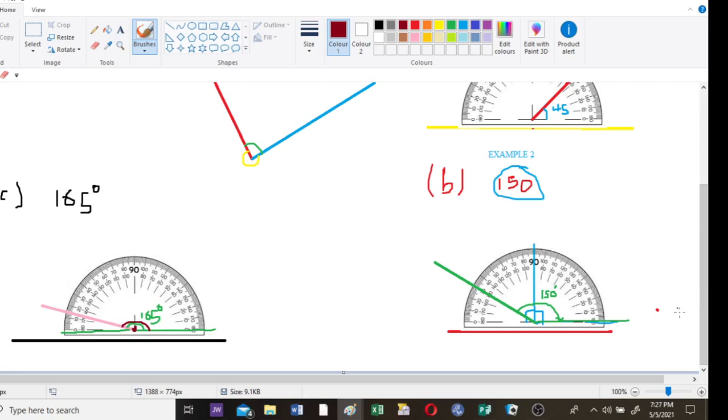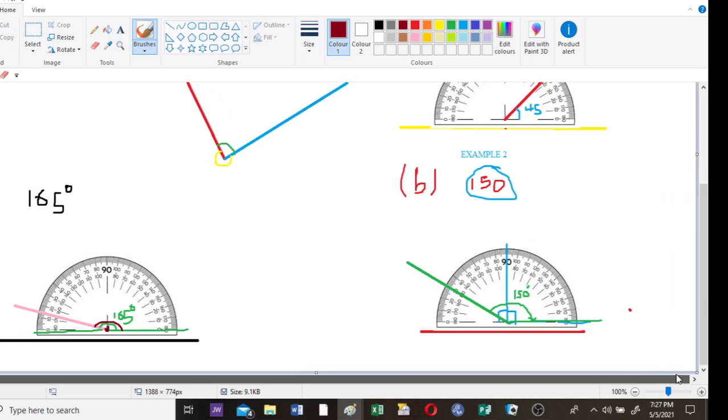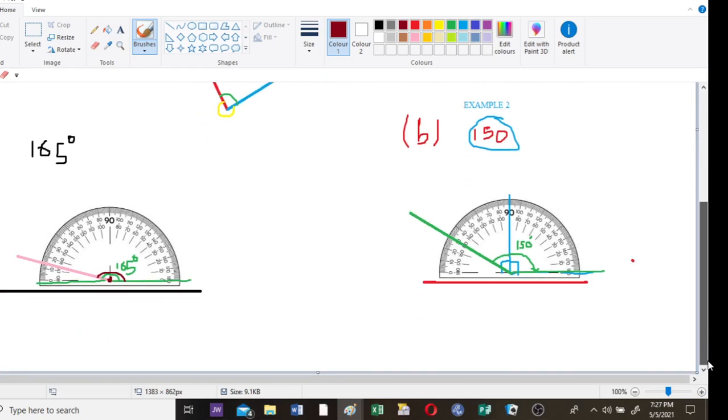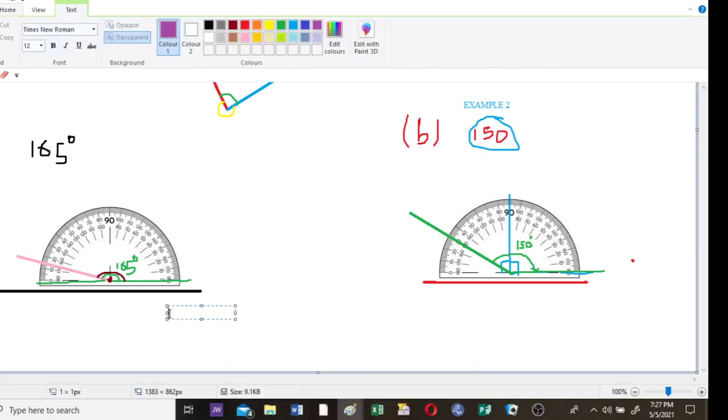Now here is a work for you guys. The work that you are going to do is you are going to measure. I want you to measure these angles. So the example that you are going to do is this one.